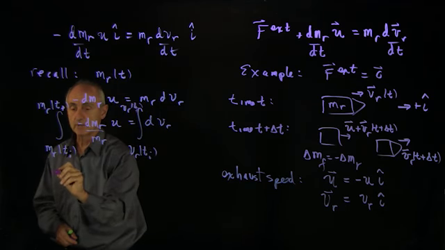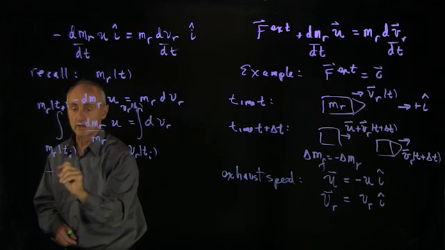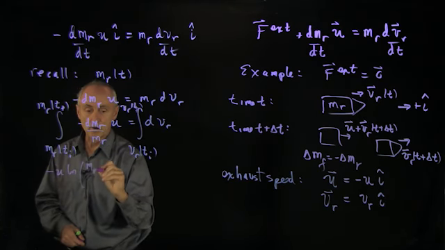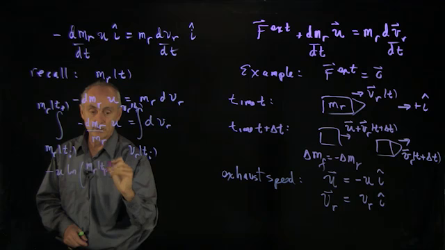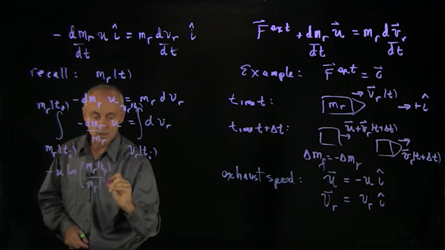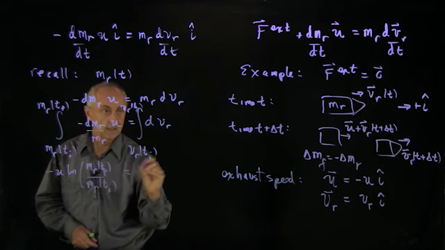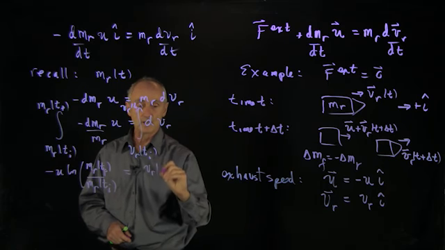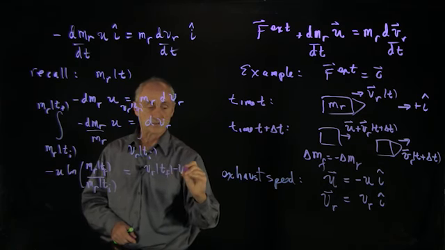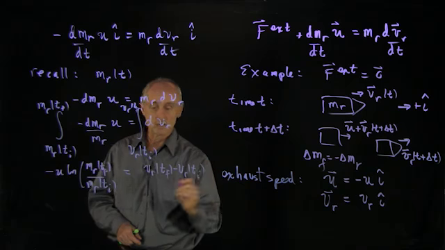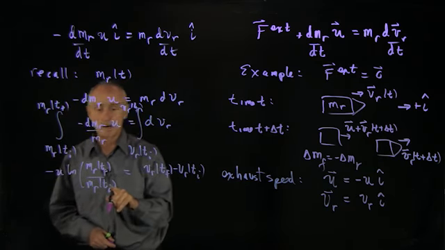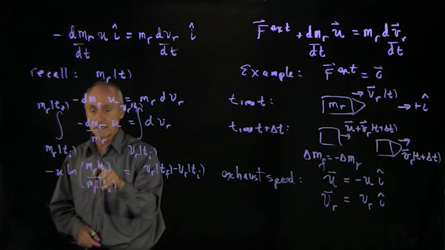On the left-hand side, we have a natural log, so we have minus u natural log of m_r(t final) over m_r(t initial). And this side, we just have the velocity difference, v_r at t final minus v_r at t initial.